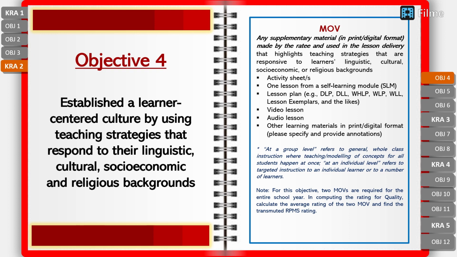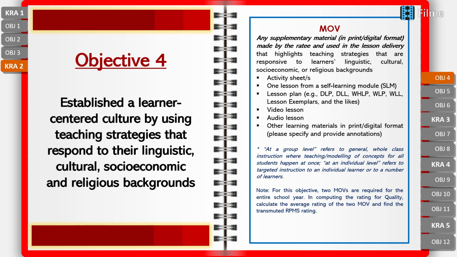And the MOVs for this objective are any supplementary material in print or digital format made by the RATI and used in the lesson delivery that highlights teaching strategies that are responsive to learners' linguistic, cultural, socio-economic, or religious backgrounds.